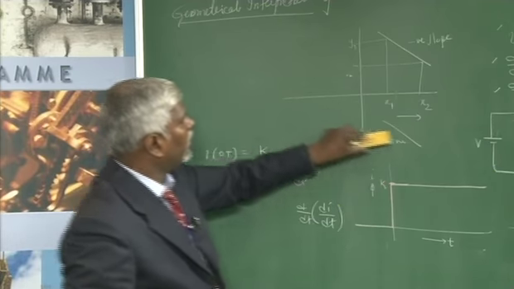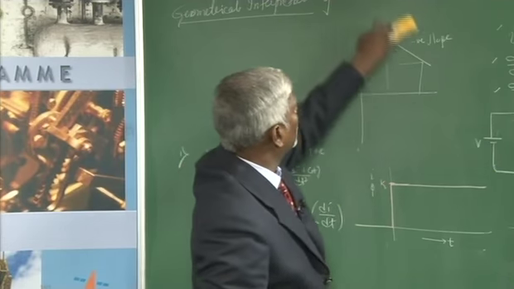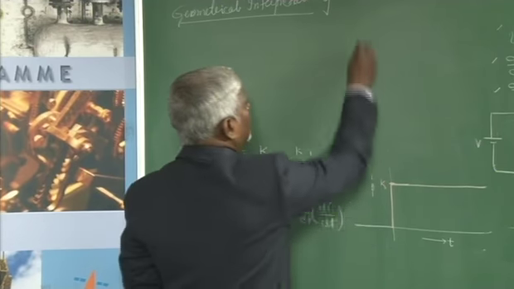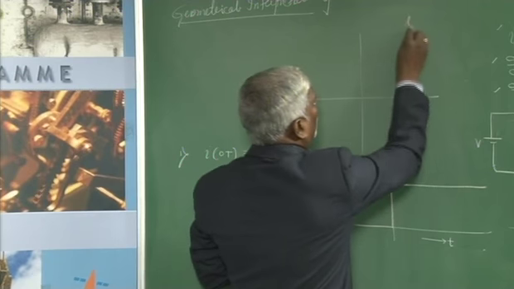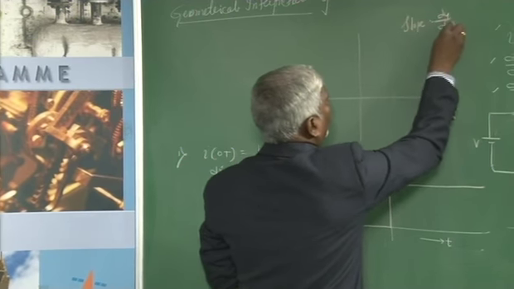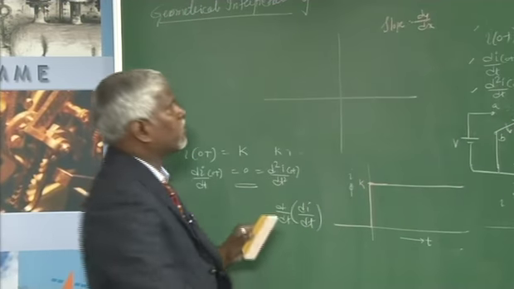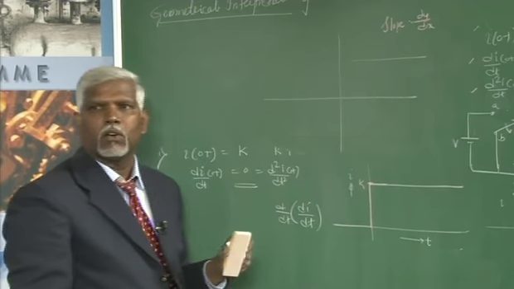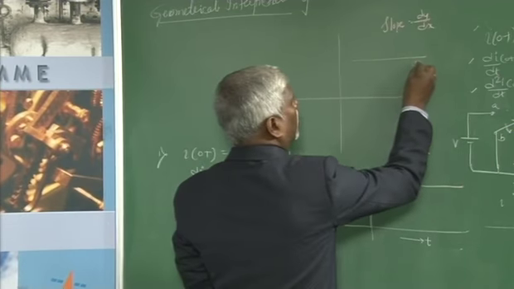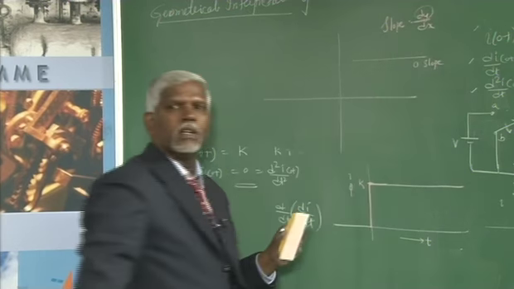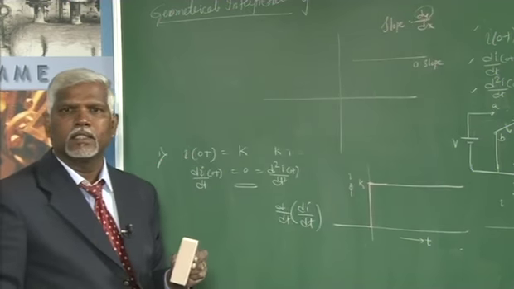Zero slope means, first of all, slope is dy by dx. If slope is said to be 0, the change in y should be 0. This is said to be a 0 slope, because the change in y is 0 while there is a large change in x.